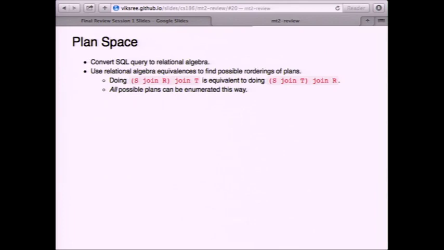Our plan space we're going to define as left deep join trees. So we're only going to look at plans that correspond to join trees that are left deep. Because our search space is too large, we're not going to look at trees that are right deep, or which are called bushy, which are neither left deep nor right deep, but say more balanced.